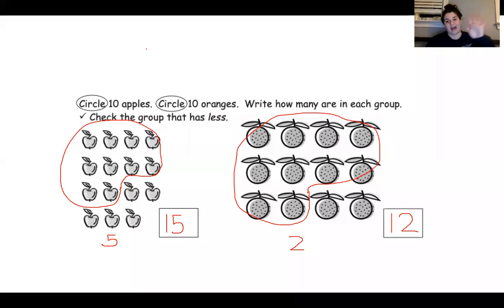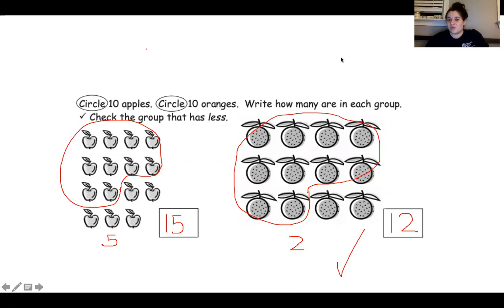We said 5 is more than 2. 2 is less than 5. 12 is less than 15. So it says check the group that has less. So I will put a little check mark, just like they said, because there's only 2 leftovers and this has 5 leftovers. This group has more leftovers. This group has less leftovers.